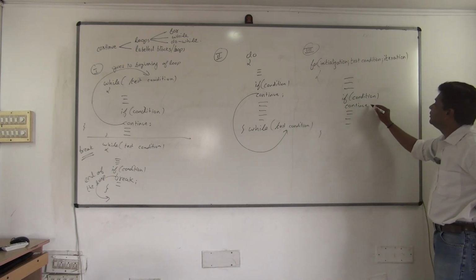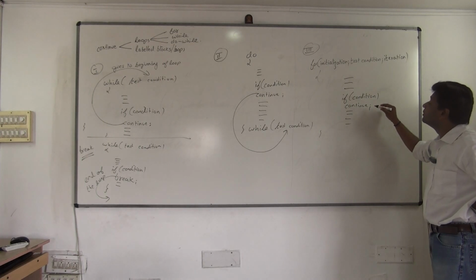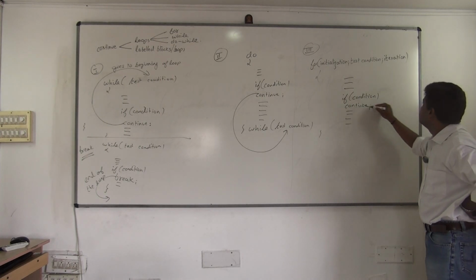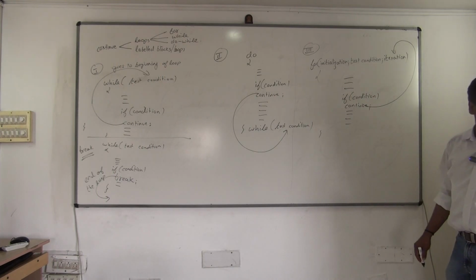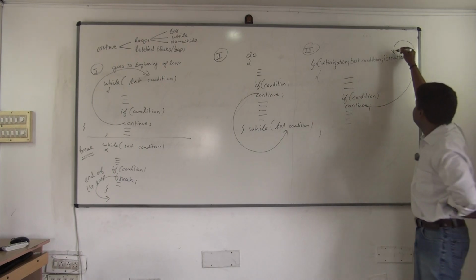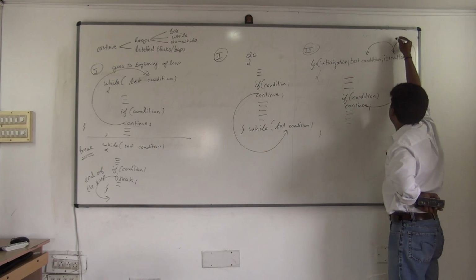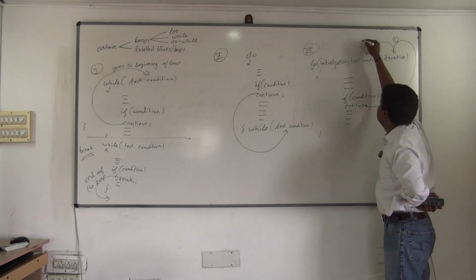Continue will take it to the iteration condition. After iteration, then the test condition. First it will go to iteration, then the test condition will be applied.